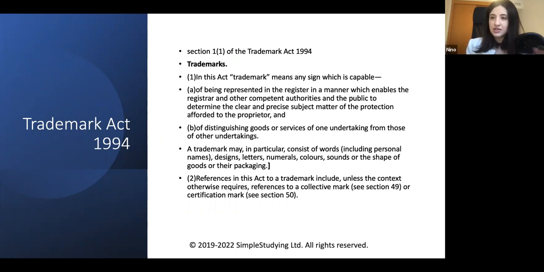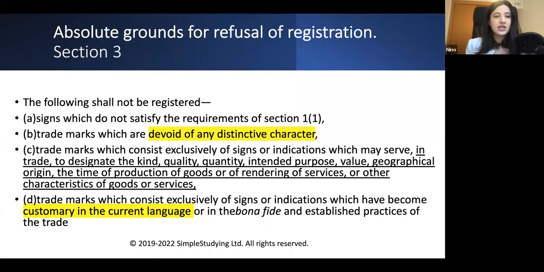So it has to comply with Section 1, and then it has to have a distinguishable character. It should not be devoid of any distinctive character. Trademarks which consist exclusively of signs or indications which may serve in trade to designate the kind, quality, quantity, intended purpose, value, geographical origin, the time of production of goods or of rendering of services or other characteristics of goods or services.